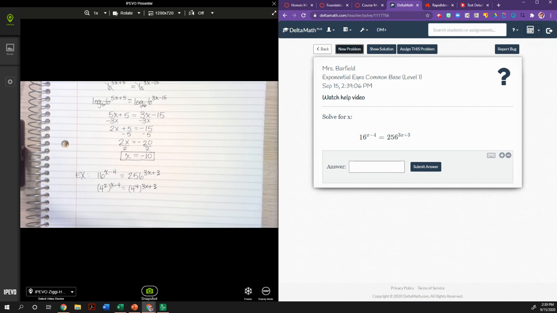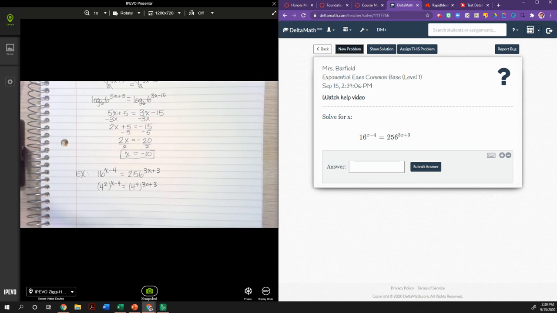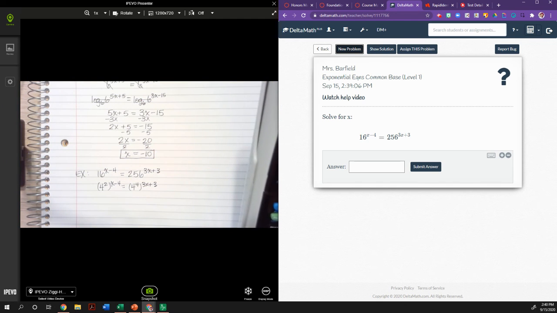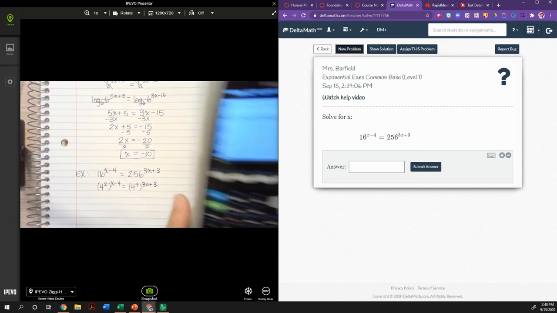Now, if you're sitting there wondering, wait a minute, I know that 2 to the fourth power is 16, and that 256 can be rewritten, I'm trying to think what it is. 2 to the 6th? Nope, 2 to the 8th. There it is.